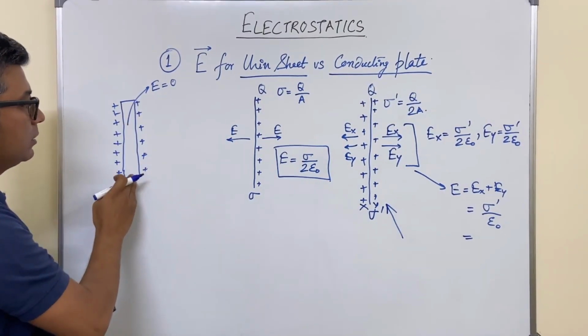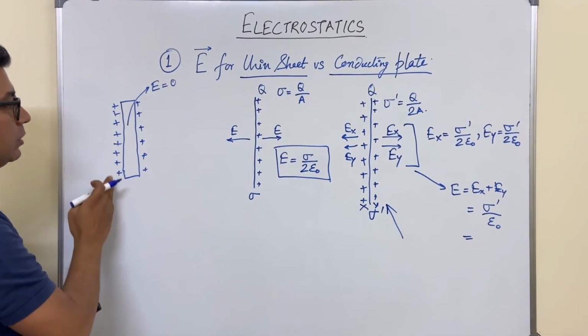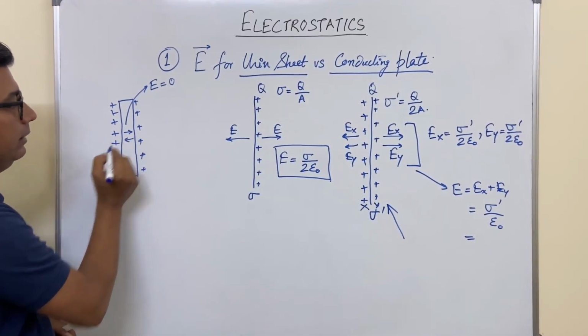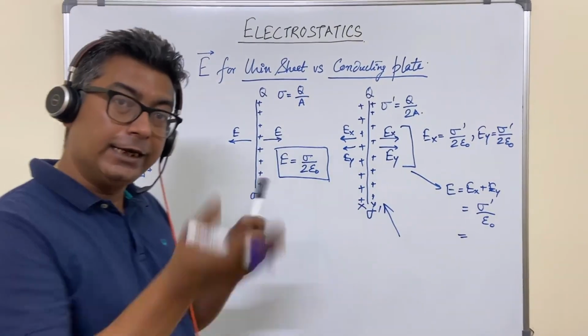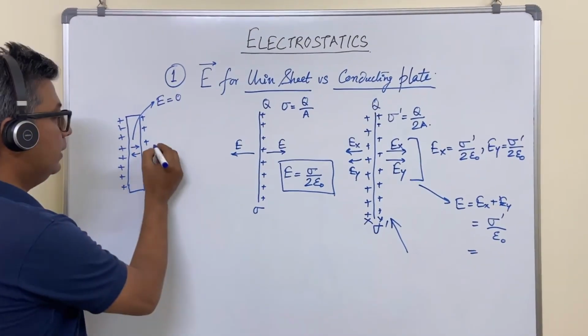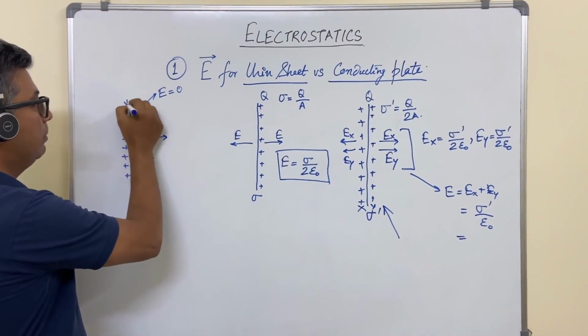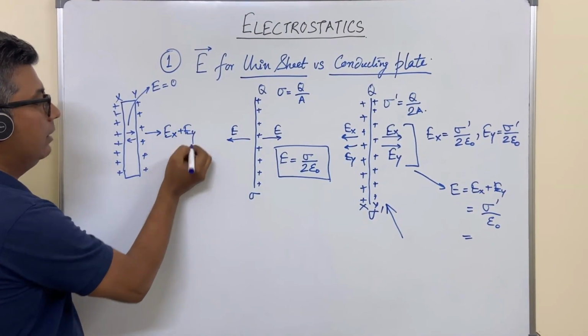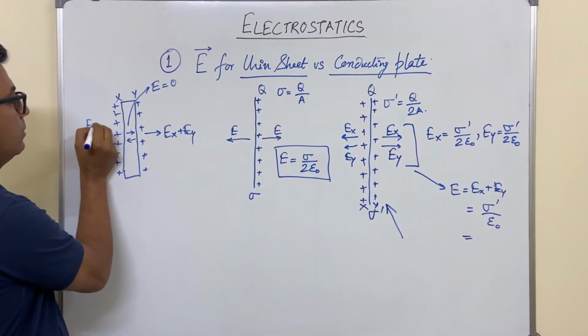So this positive surface and this positive surface both will actually have the component in opposite direction inside, and it will cancel out. However, here it will be again, if you remember Ex and Ey, so this is Ex plus Ey. Again, this side Ex plus Ey.